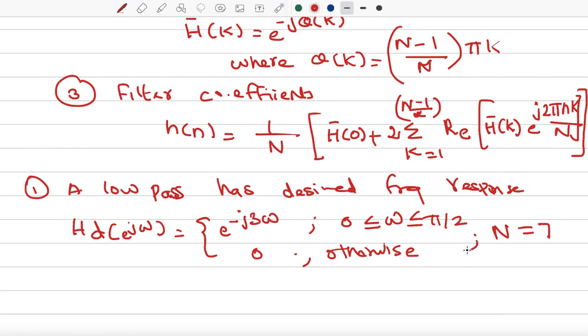So this is the given parameter. In this problem it is asked to find the low pass filter.